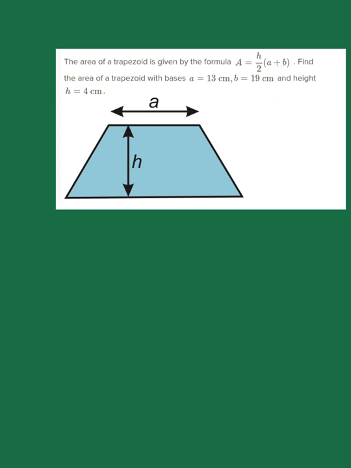It says find the area of a trapezoid with bases a equal 13, b equal 19, and h equal 4. Even if I don't understand everything there is to finding the area of a trapezoid, I can still do this problem. All I have to do is take the numbers that they give me and plug them into the expression or formula. In this case, this is a formula.